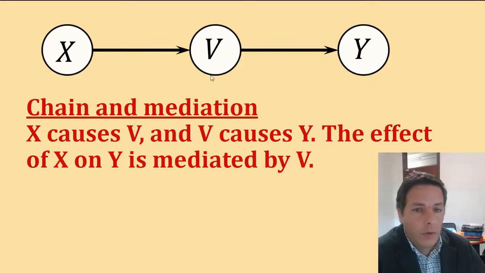Okay, so v can fully mediate or partially mediate the effects of x on y, and then if it partially mediates, we need an arrow that goes from x to y directly. Okay, so that's the chain.